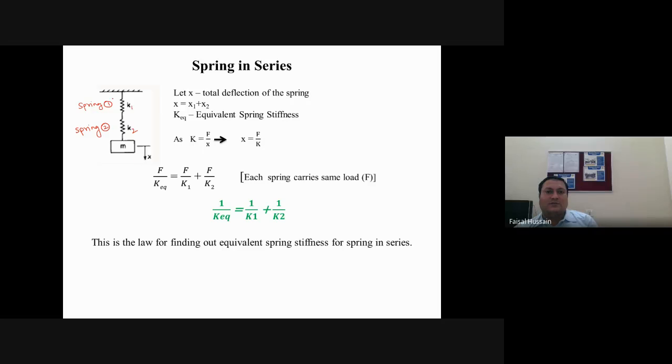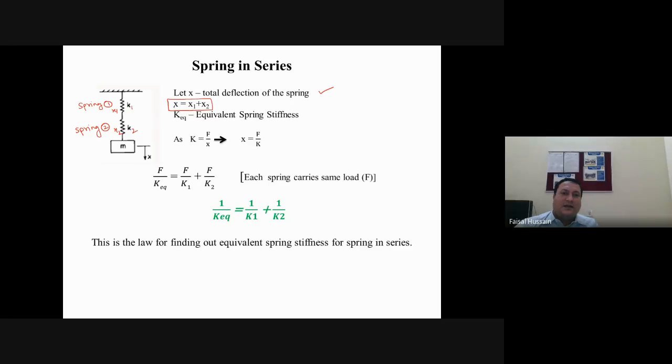So here, as both the springs are attached in series, in line, there will be a total deflection, and the total deflection will be x1 plus x2. So let x be the total deflection of the spring, and total deflection will be deflection of x1 plus deflection of x2. So x equal to x1 plus x2.